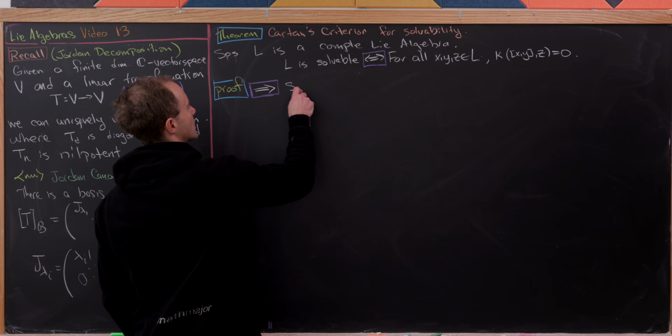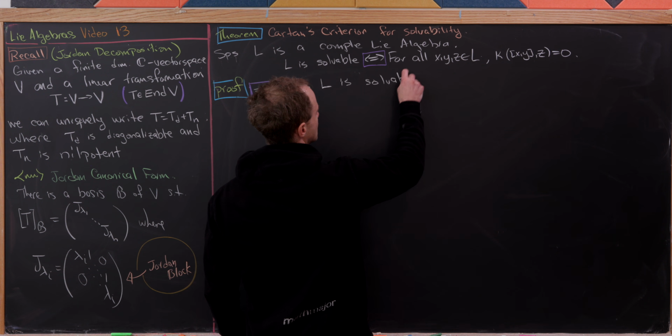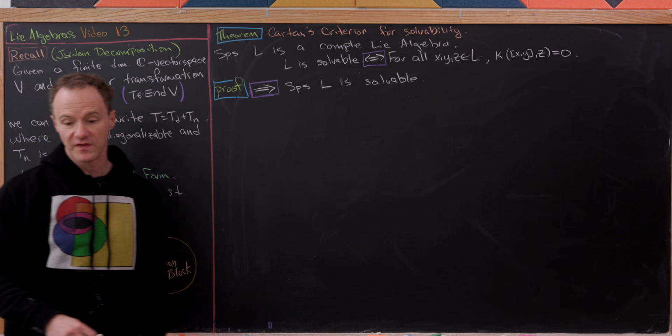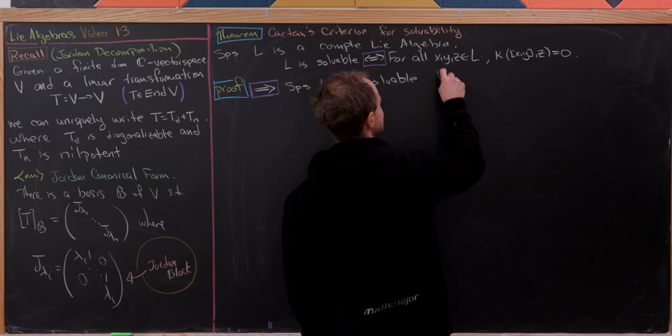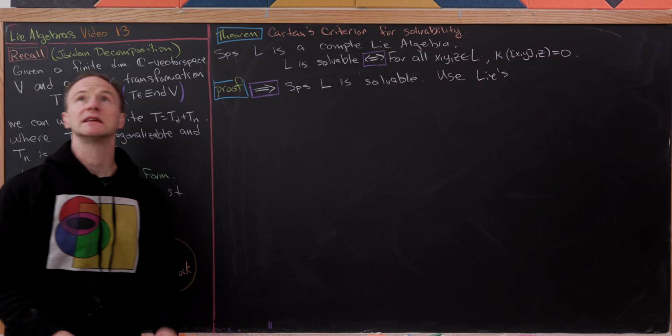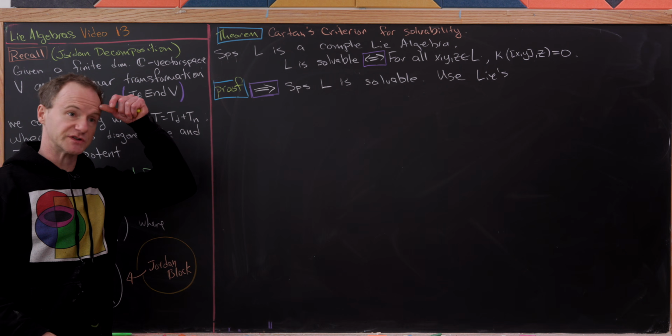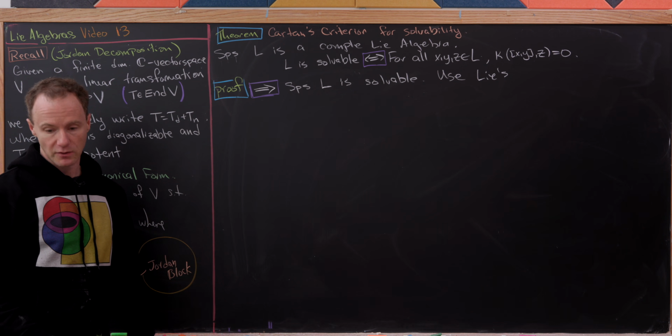For the forward direction, we want to suppose that L is solvable. Then from there, we'll use Lie's theorem. If you recall from several videos back, we had Lie's theorem and Engel's theorem, which described when Lie algebras were solvable or nilpotent.